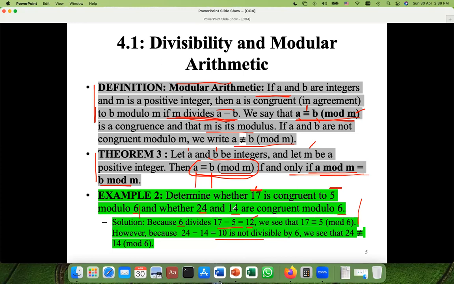So 24 minus 14, what do you get? 10. And 10 is not divisible by 6. You will get some remainder, which is 4. So that's why we are writing 24 not congruent to 14 modulo 6.